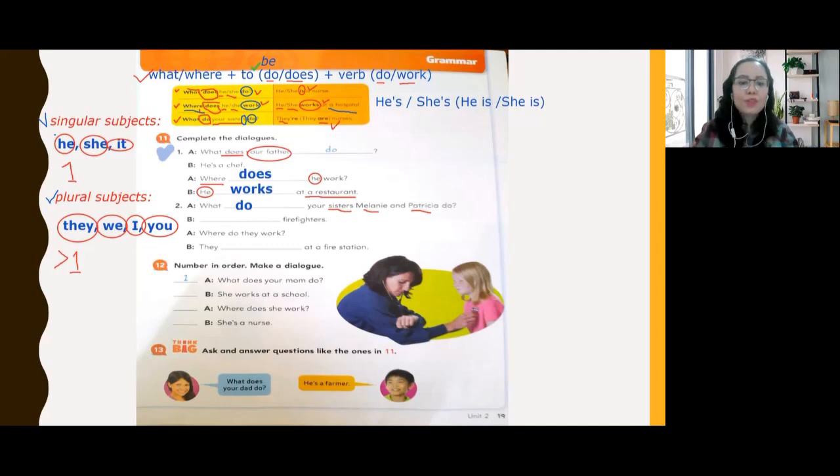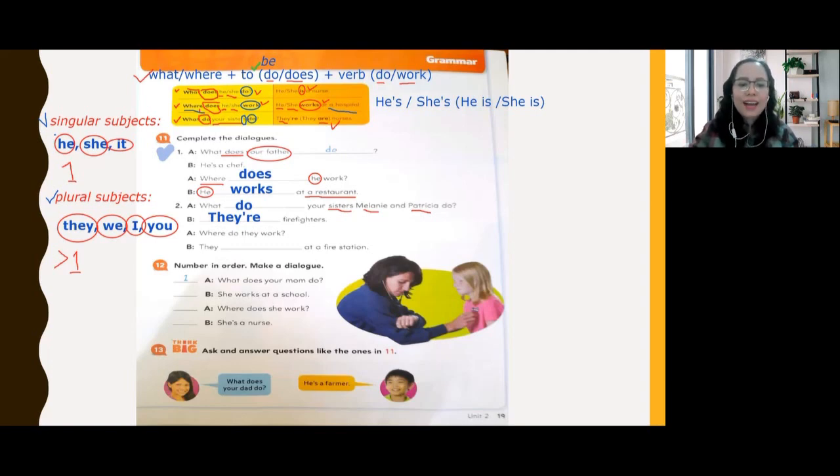So we are going to use they, yeah. They is or they are? Good job. You use contraction ya, remember ya. Okay. They're firefighters. The next dialogue. Where do they work?